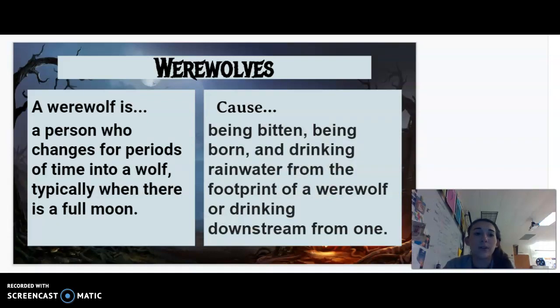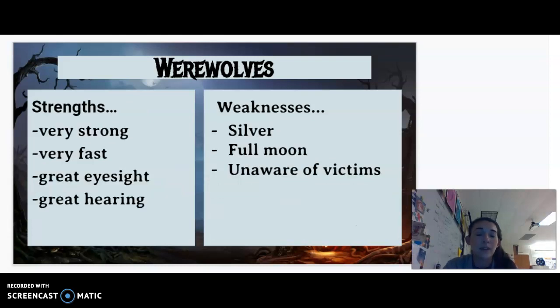Alrighty, so my first slide I had werewolves and I had a nice image of what they look like. I give you a definition as far as what a werewolf is and what causes them in detail. I also list off their strengths and their weaknesses.